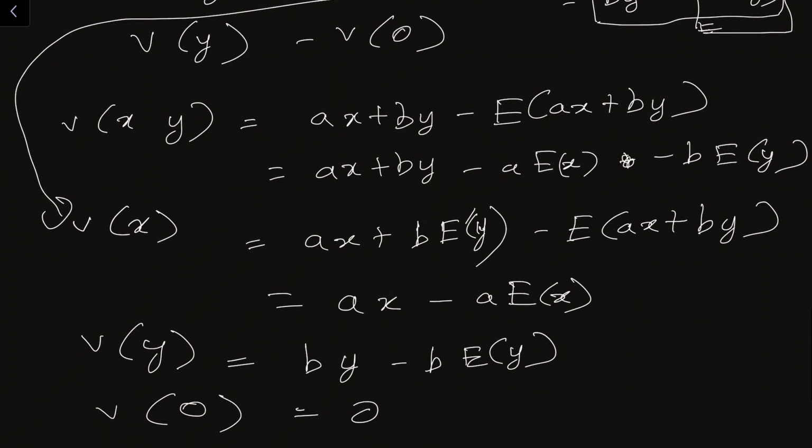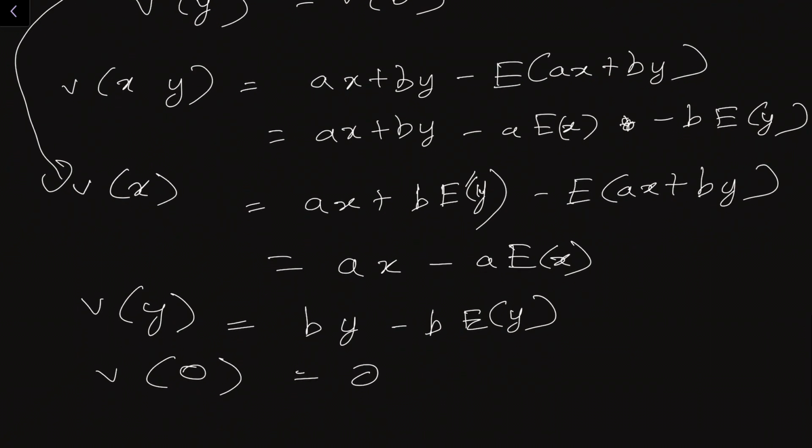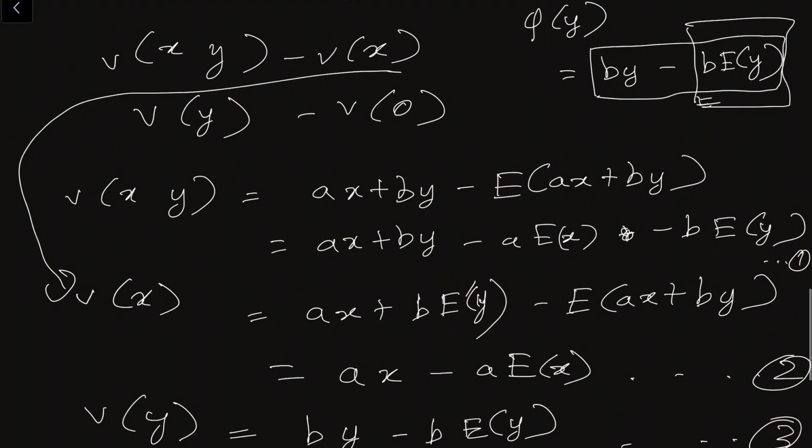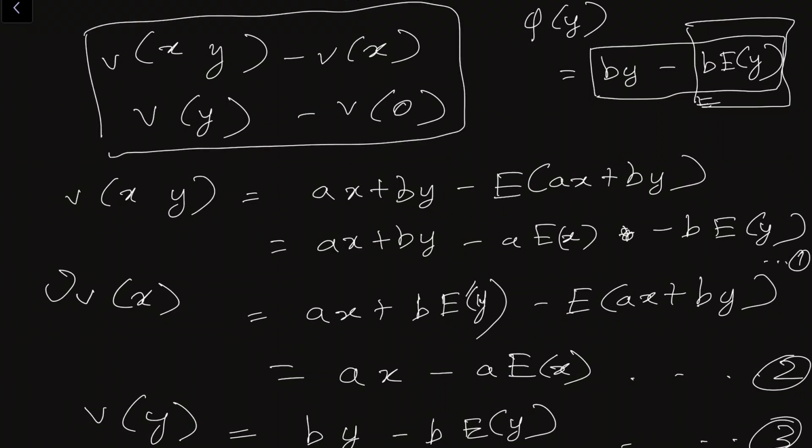So when we add all of these up, what do we get? When we add, let us say this is 1, this will be 2, this will be 3, and this will be 4. So what do we get when we substitute all these terms back in these two equations and add them back up?